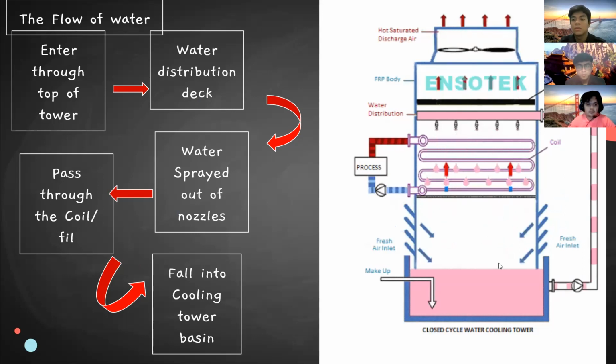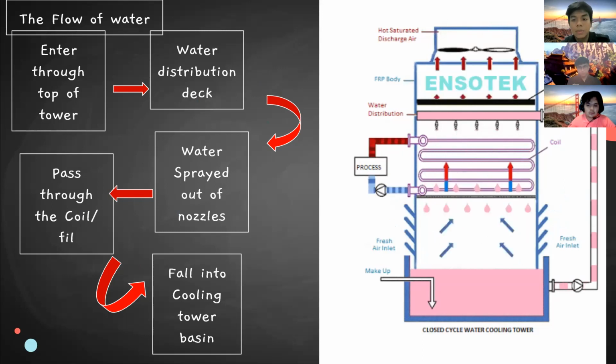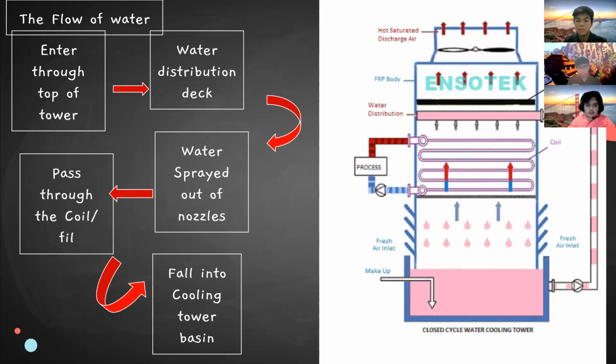So we go for the flow of water first. Hot water from the machine will enter through the top of the tower, and then it will go to the water distribution deck. After that, the water will spray out of the nozzles, and it will go to the coil or fill.